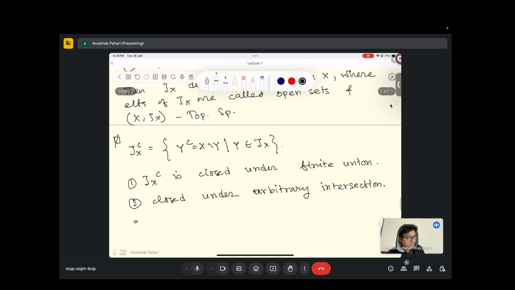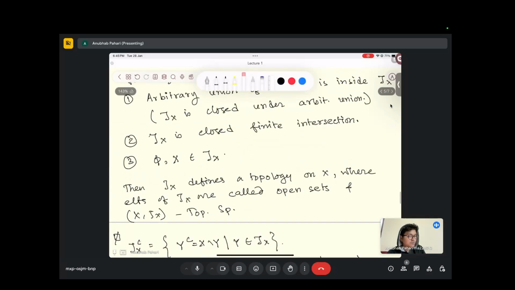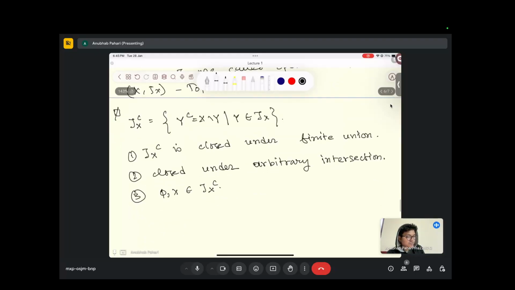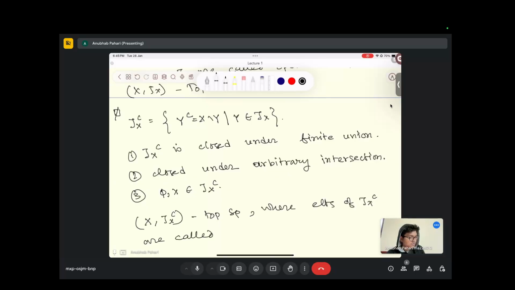Obviously X belongs to tau X, so phi belongs to tau X c, and phi belongs to tau X, so X belongs to tau X c. So phi and X belong to tau X c. In a similar pattern, (X, tau X c) is a topological space where elements of tau X c are called closed sets.